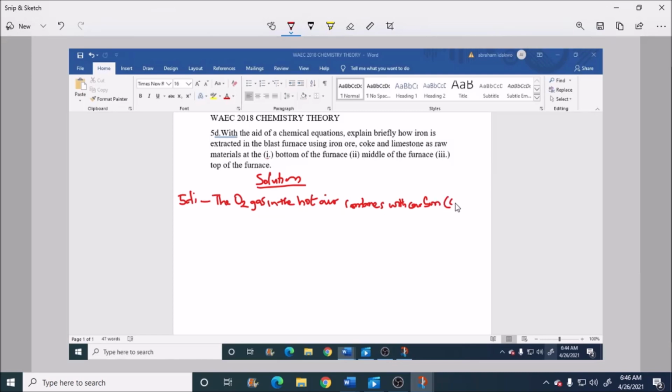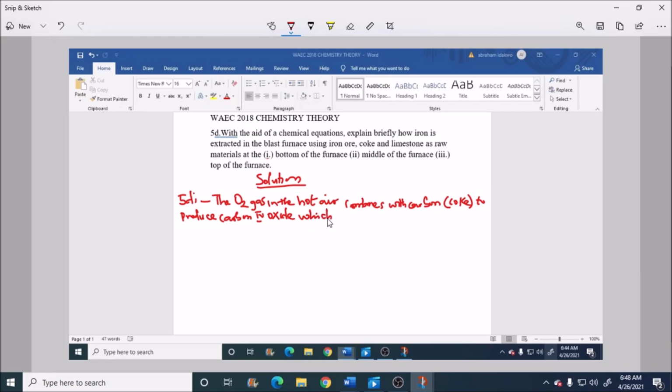Don't forget that coke is one of the allotropes of carbon, to produce carbon 4 oxide, that is CO2.